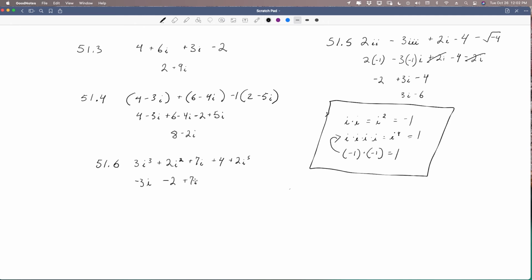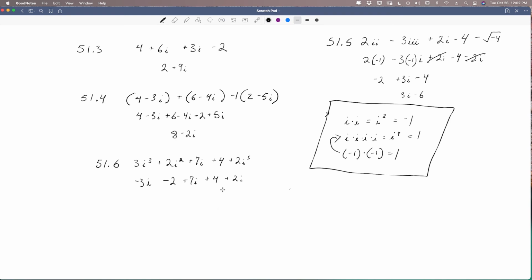It still stays there. Plus 4. And then I have i to the 5th. Well, if I take i to the 4th out of that and turn it into 1, I still have 1i remaining. So 1 times 2, that's going to be 2i is what I have left.